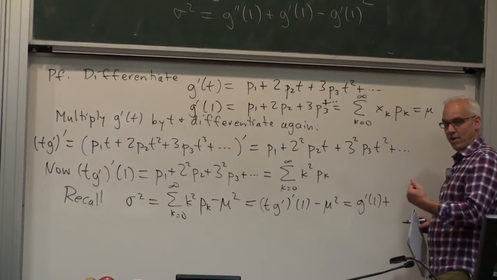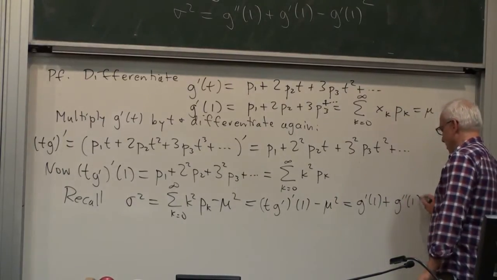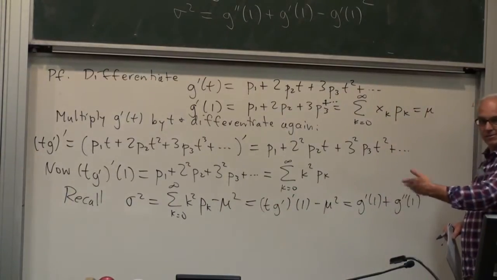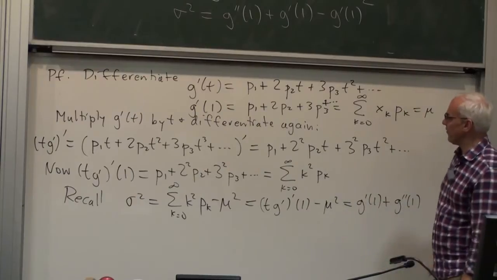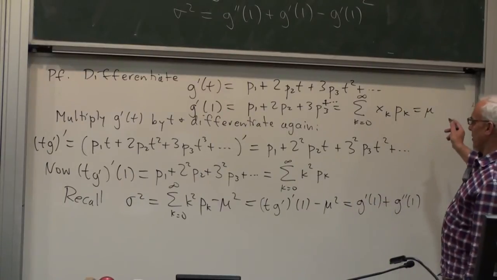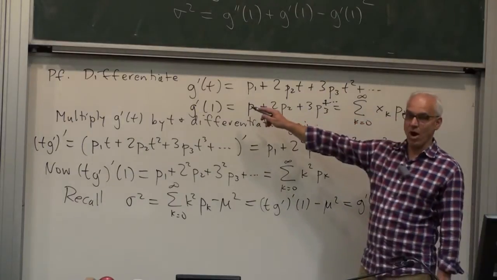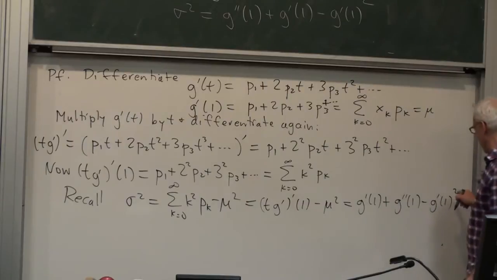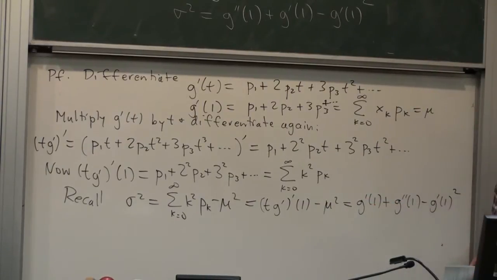That's g double prime at 1. Because when I replace t by 1, the t at the beginning just becomes 1. And the mu we've already calculated. The mu we said was g prime of 1. So the g prime of 1 squared, that's just the mu squared that's appearing here. And that's the formula that I wrote down.